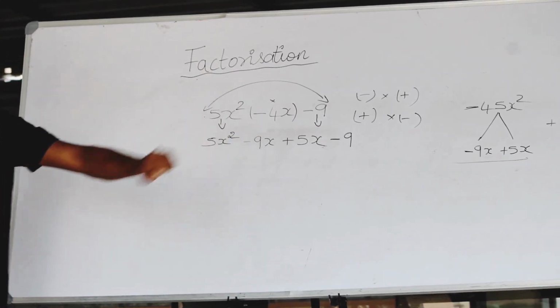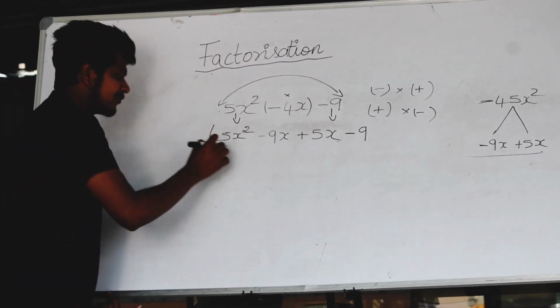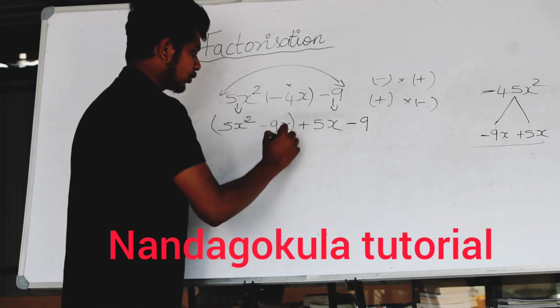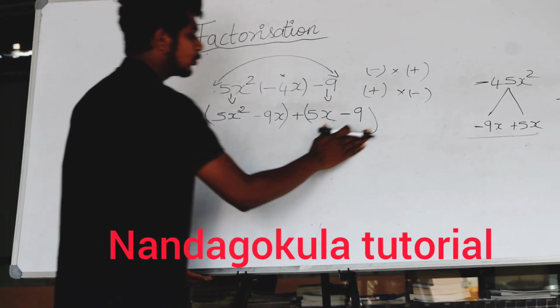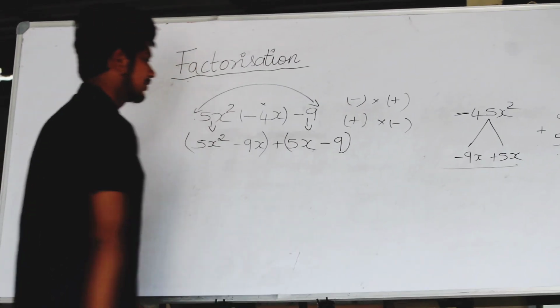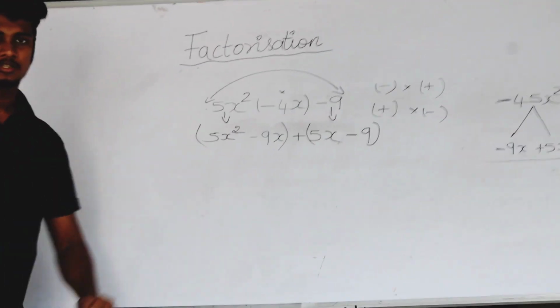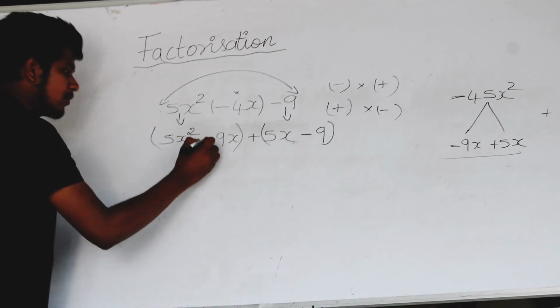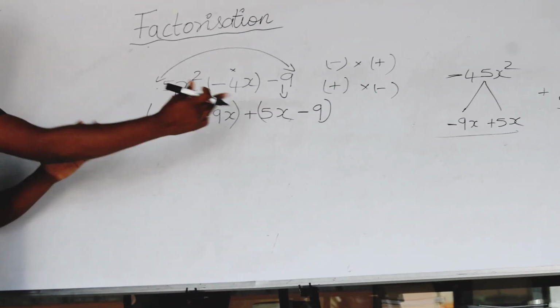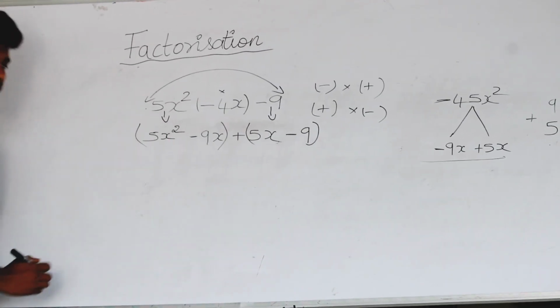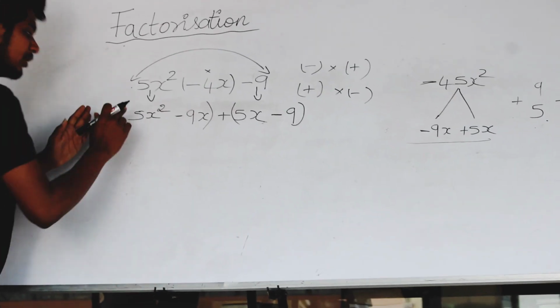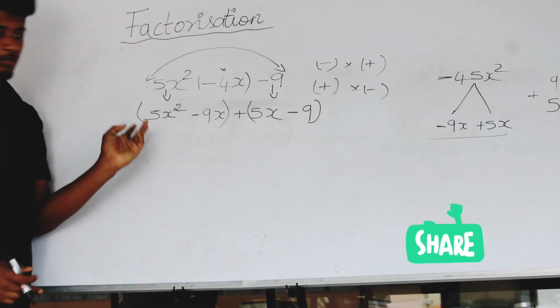See, after getting this step, let us divide these 4 terms into 2 parts. So for 2 parts, you have to have brackets. Okay. So you will get 2 terms in one bracket. Now let us take the common factor in each of the brackets. The common factor is nothing but the number or alphabet that should be on both sides.